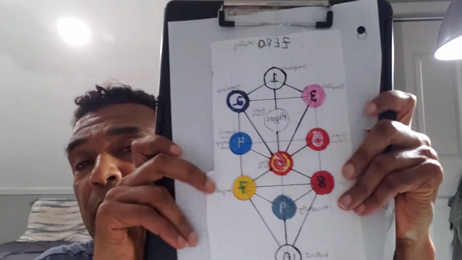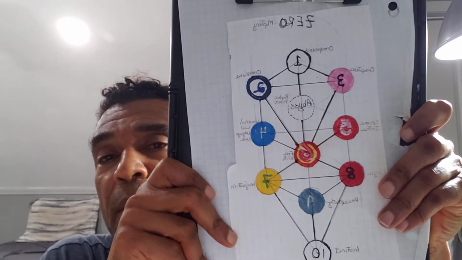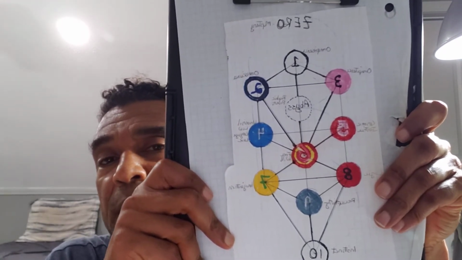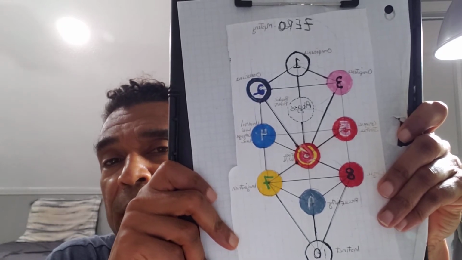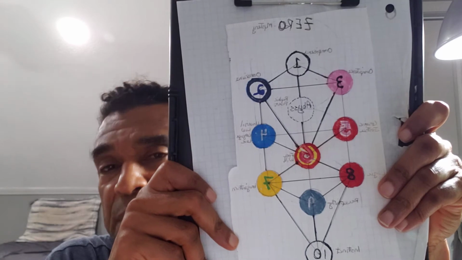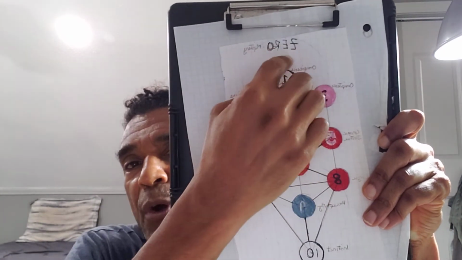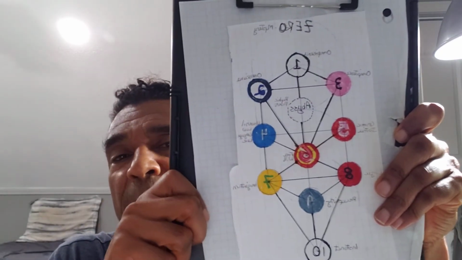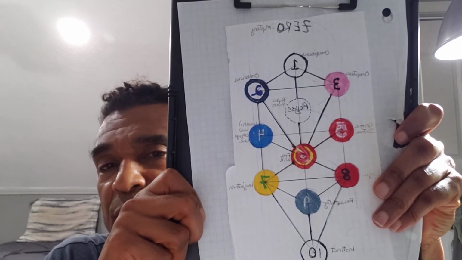So this is the tree, and again, watch my short introduction if you need to be updated on what this all means. Basically, the tree is like a map of our consciousness, and each one of the circles or spheres, along with this abyss and the zero above the tree, so a total of 12 of them, are major aspects of the tree, the major faculties of consciousness.